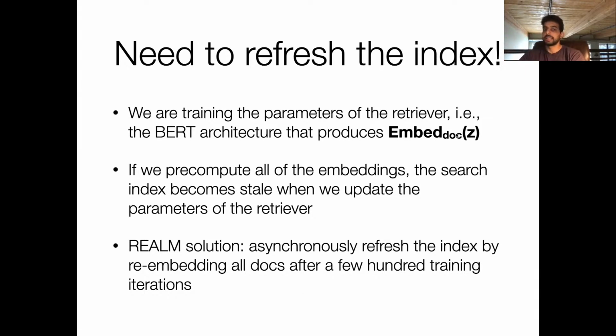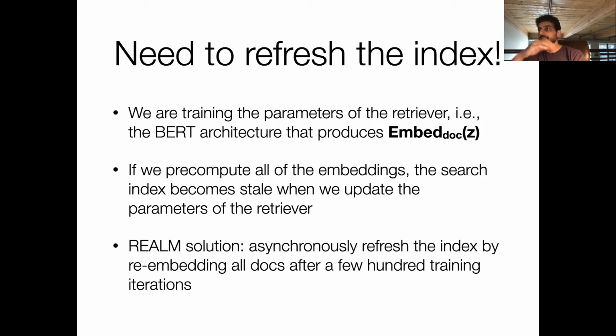This is like a BERT model that's embedding every document. So every time I do a gradient update to my retriever, my index is now out of sync with the current state of the model, because I've changed the parameters of my retriever. Ideally, I would have to recompute the embeddings for all of the documents using my new parameters for the embed doc function.